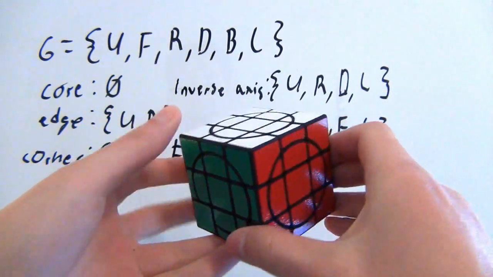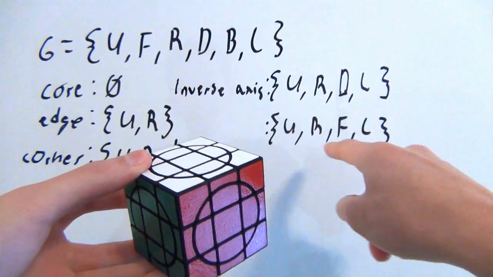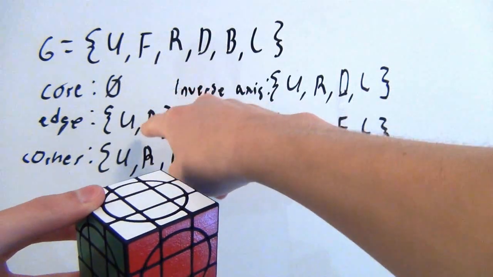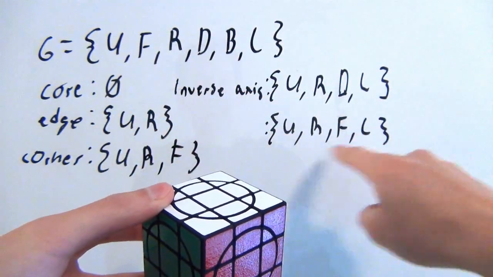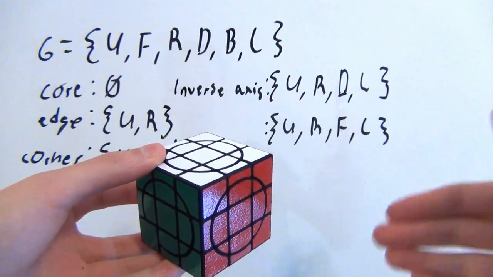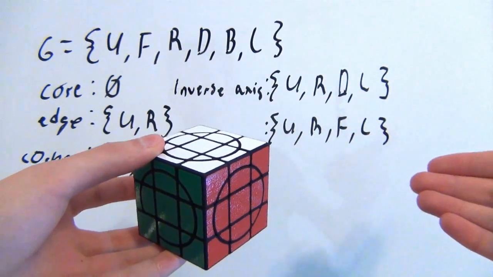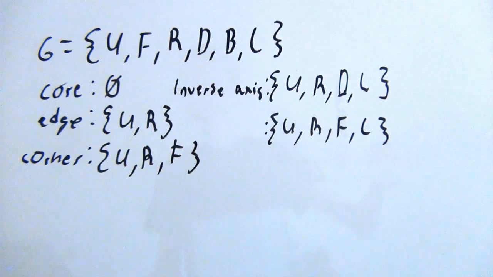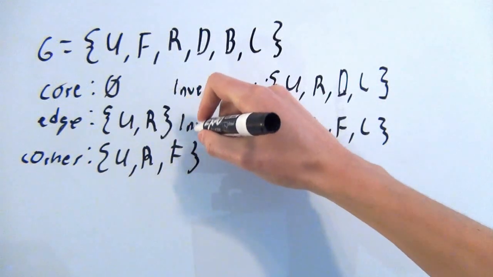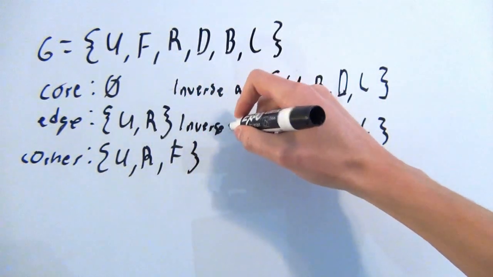So what we kind of have here is kind of like the opposite of an edge piece grip, right? If this grip represents a regular edge piece, then these grips are representing the opposite of that. Well, that's kind of like an inverse edge piece. So as it turns out, this grip signature is representing an inverse edge.